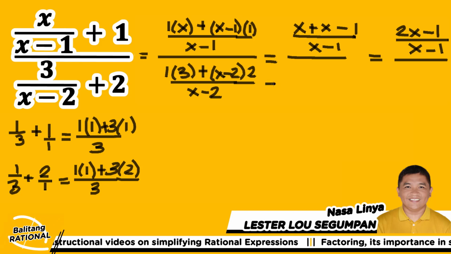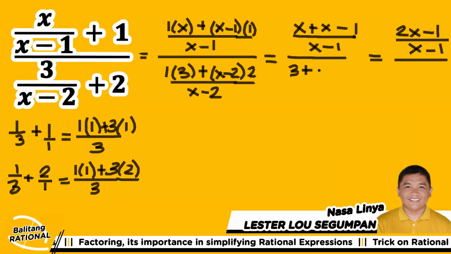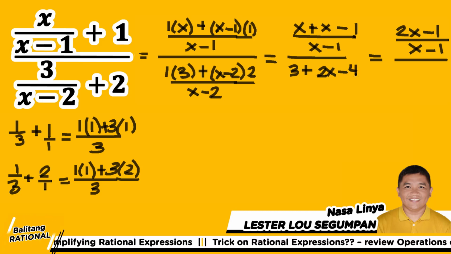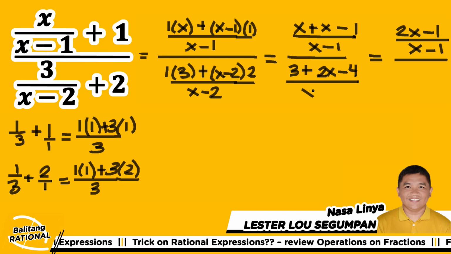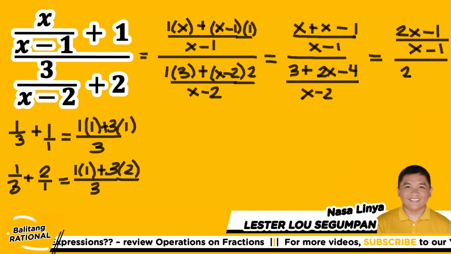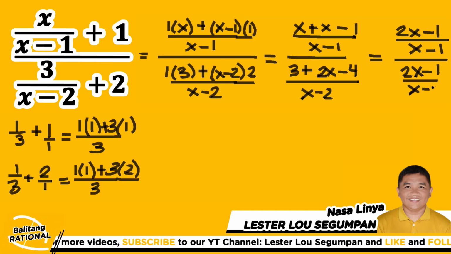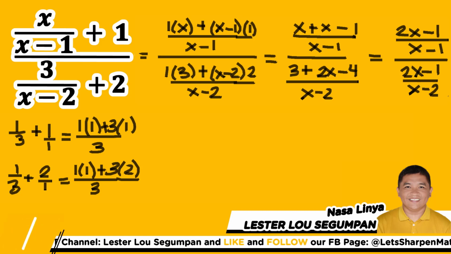So if we're going to continue, you have 1 times 3, plus 2 times x is 2x. And then 2 times negative 2 is minus 4. Over x minus 2, which will give us a further result of 2x minus 3 minus 4 is negative 1 over x minus 2. So, tapos na po natin i-combine into one rational expression, both numerators and denominators.